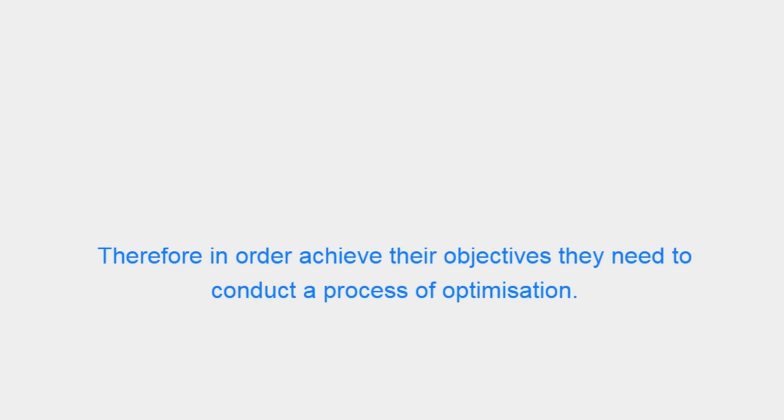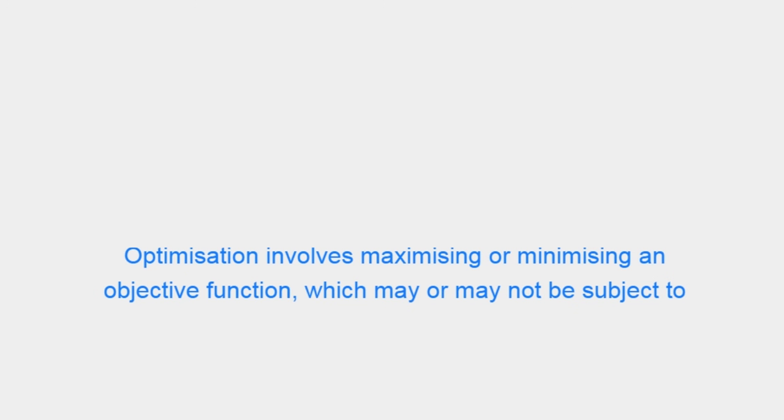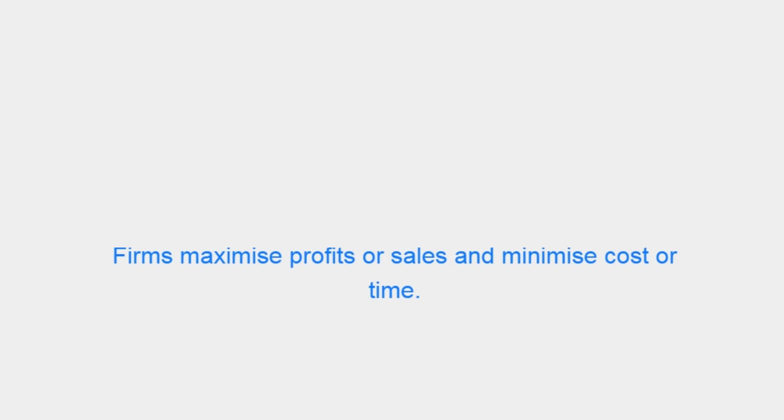Conclusion. Firms operate in the face of limitations or constraints. Therefore, in order to achieve their objectives, they need to conduct a process of optimization. Optimization involves maximizing or minimizing an objective function, which may or may not be subject to limitations. Firms maximize profits or sales and minimize cost over time.